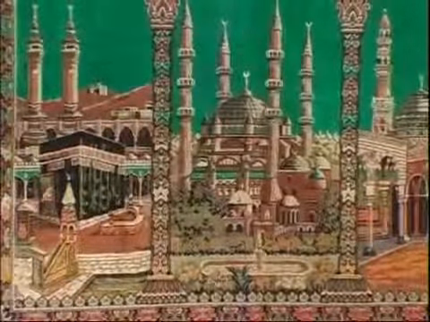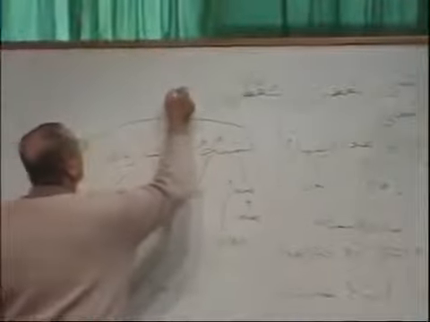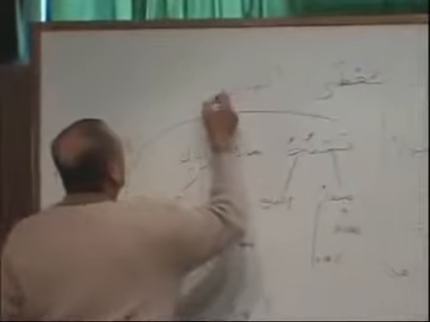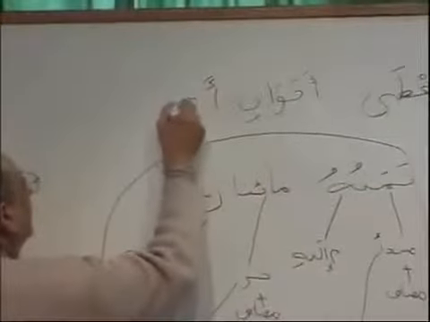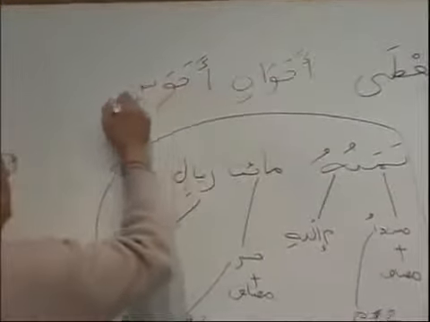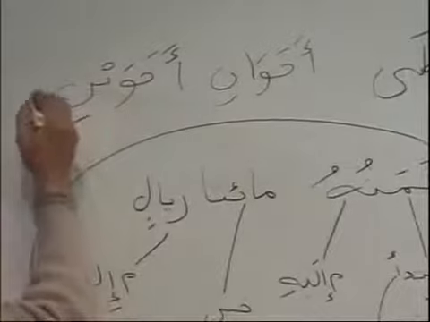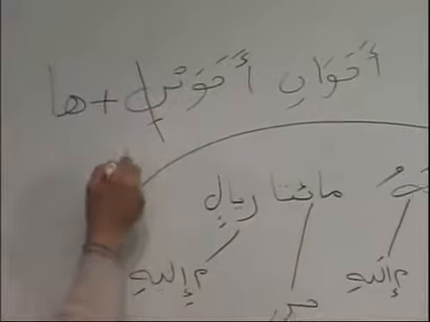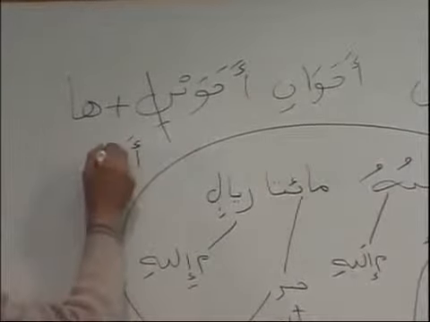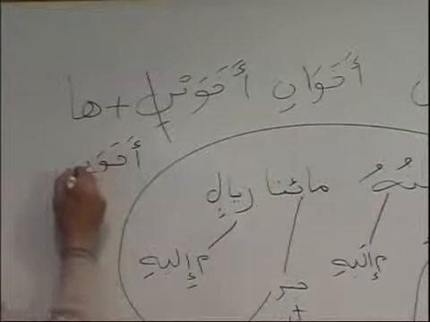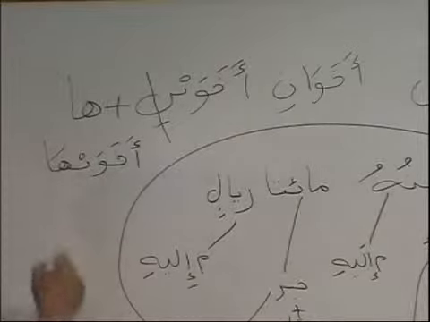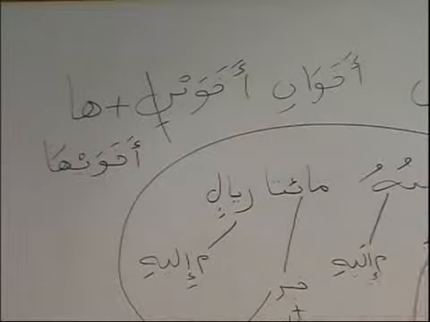What will you say? Akhawaiha. I will write down, brother. Akhawani will become akhawaini, and you make it into mudaf with ha is a mudaf ilayhi. You will chop this and it will become akhawaiha. Got the idea, brothers and sisters? Inshallah. Akhawaiha.